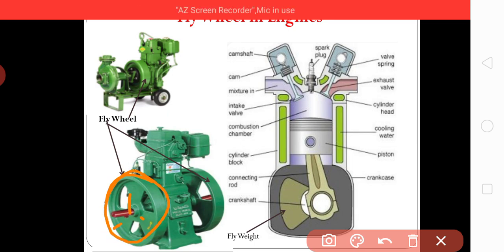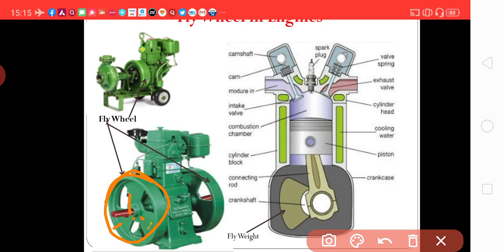Ideally it should be at maximum distance from the axle, but due to engineering problems, that is obstructions and other engineering parameters, we have to keep the diameter of this wheel within limit.